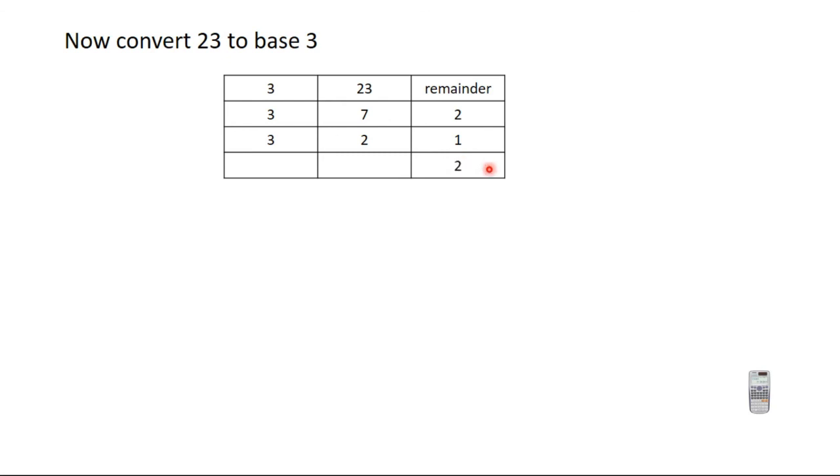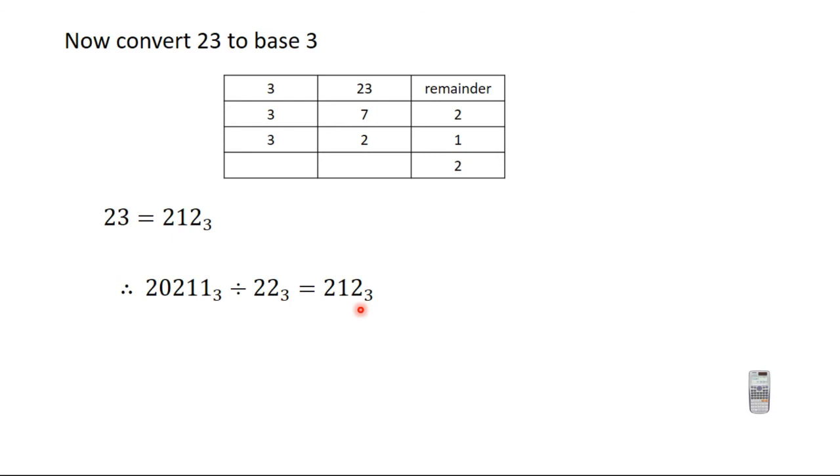So you are going to have 2, 1, 2. So it means that if you convert 23 to base 3, you are going to have 212 base 3. So we can say that 20211 base 3 divided by 22 base 3 is equal to 212 base 3.